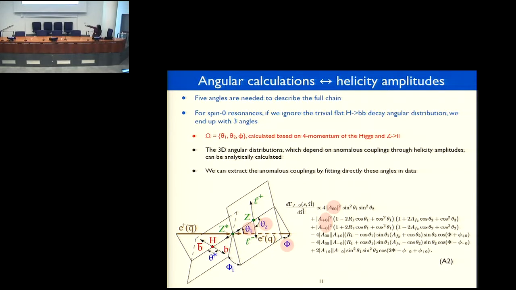Since we are restricting ourselves to a spin-zero boson decaying to two bosons, the dependence on theta star is trivial because it's flat, so we can take that out. Eventually, we reduce it to 3 angles, theta 1, theta 2, and phi, and those can be calculated based on the four-momenta of the Higgs. It's the whole four-momentum of the Higgs; you don't have to know about the decay products. You also want to know the p4 of the 2 leptons coming from the Z decays.